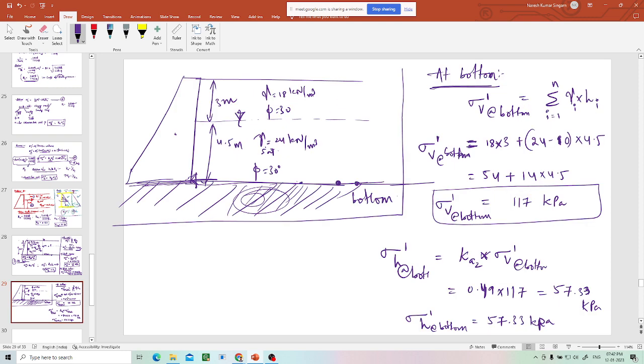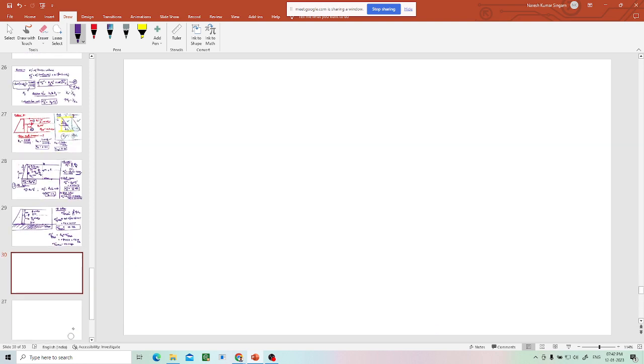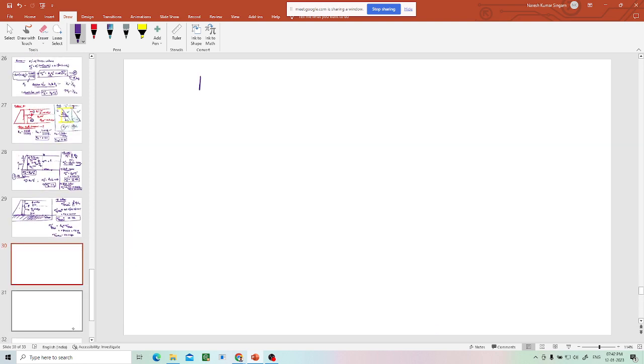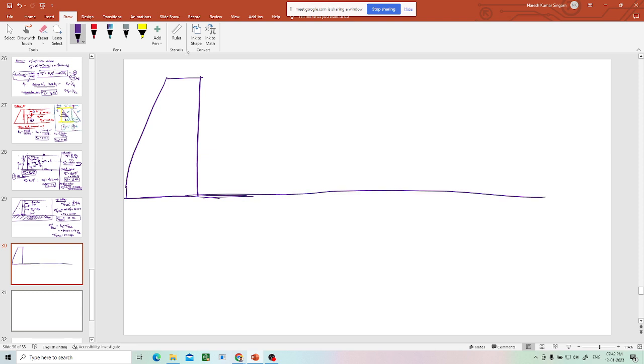But when you are going down here, with water pressure, I'll just draw. Suppose the retaining wall is here like this. Now there is water here.